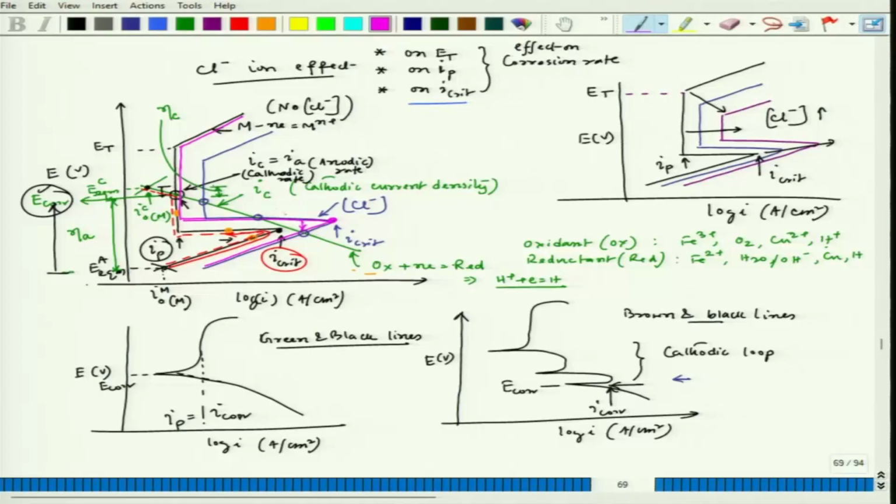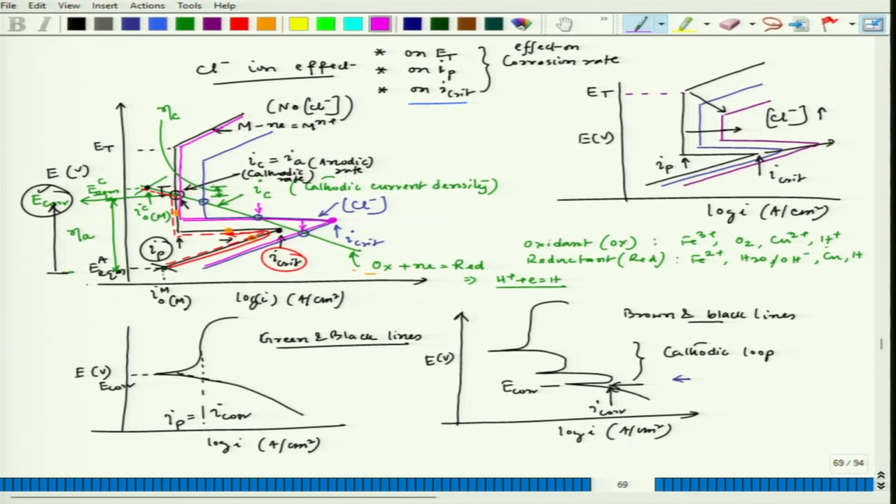This is a kind of hypothetical situation, only I critical is enhanced, IP does not change as well as ET does not change. So, in that case also I could see that I will not be able to achieve passivity, because the cathodic line corresponding to cathodic polarization would not take the metal to the I passive zone, because before that it has to cross two points, which is this point, and the system would not be able to reach I passive.